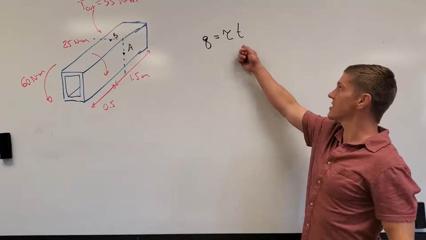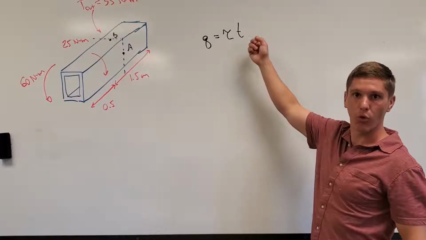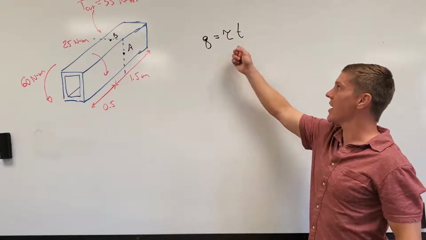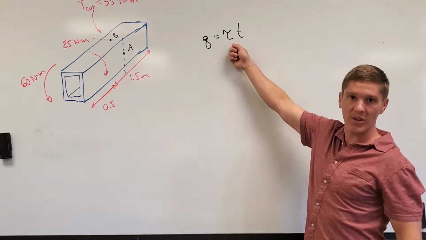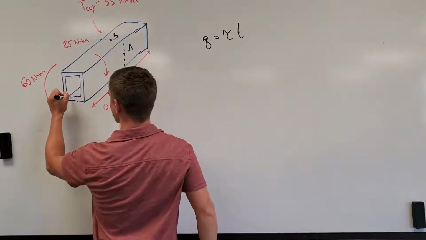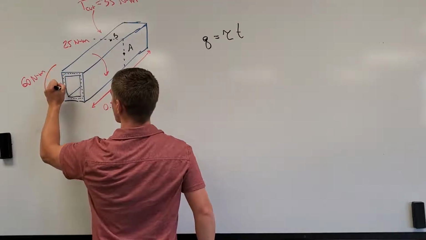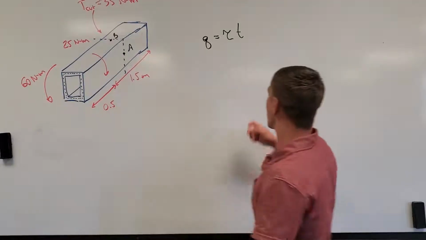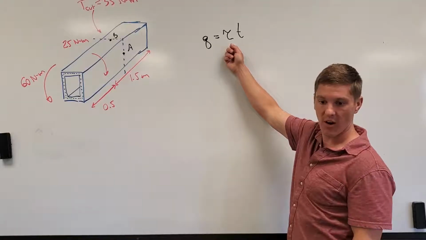And so anywhere that your shaft has a different wall thickness, you're going to have a constant shear flow, but you're going to have a different shear stress. So everywhere along this outside perimeter of this thin-walled tube, we are saying has a constant shear flow, but if our wall thickness is variable, then our shear stress must be variable, okay?